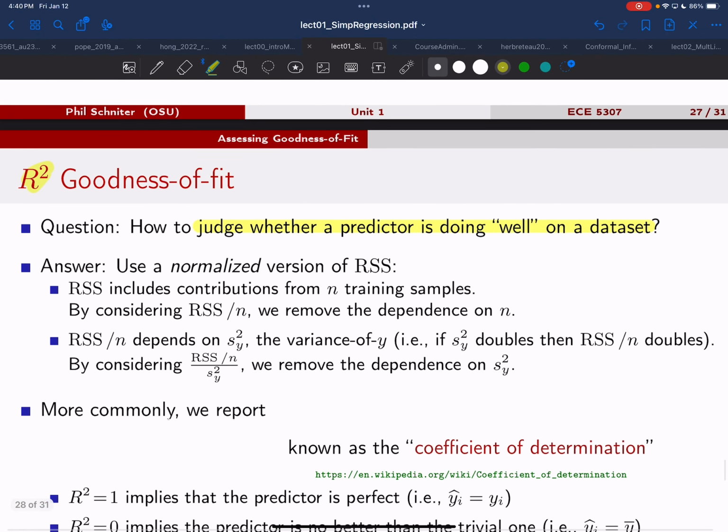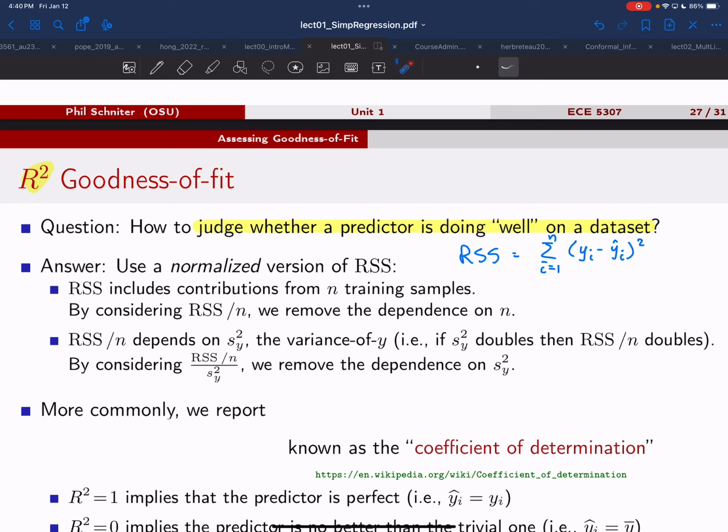So let's remember what RSS looks like. RSS is the sum over our n samples of true targets minus the predicted targets, squared. And so what happens if I double my data set size? If I double n, what happens to RSS, roughly speaking?